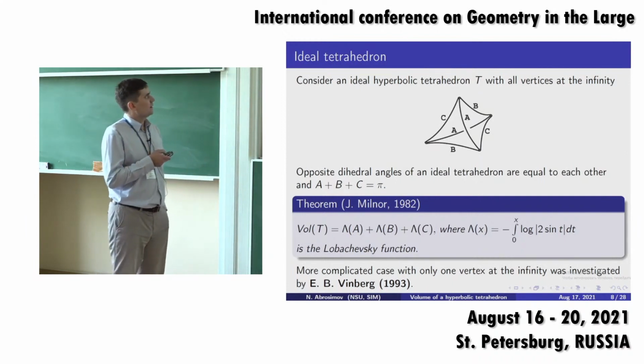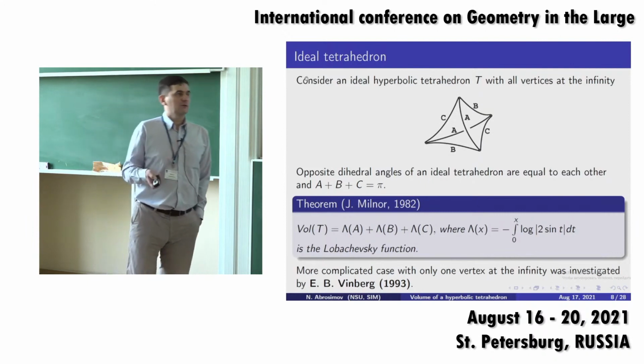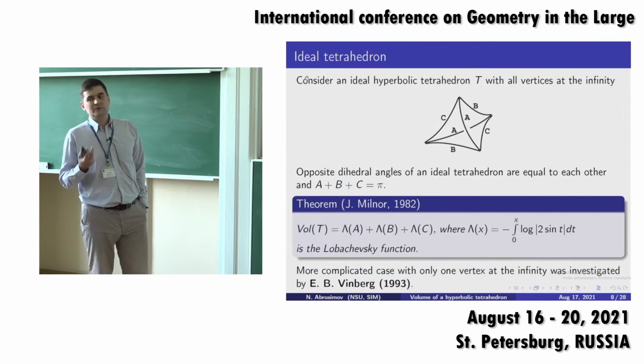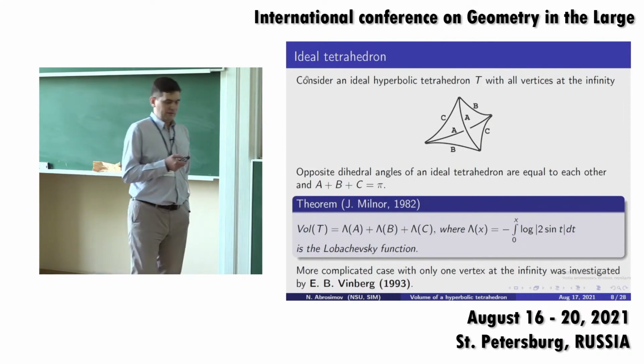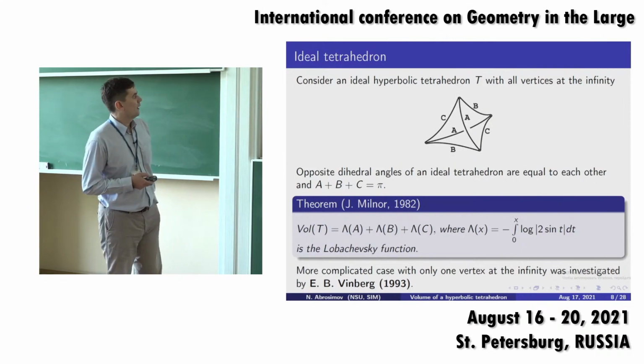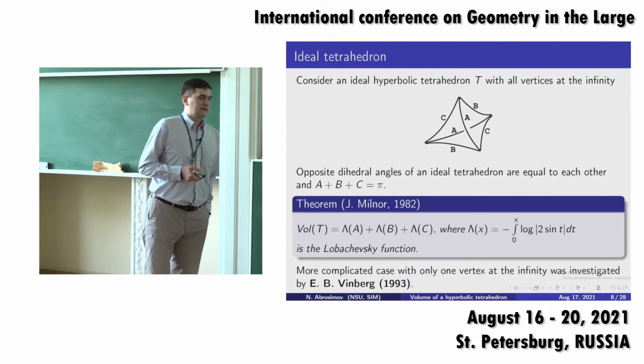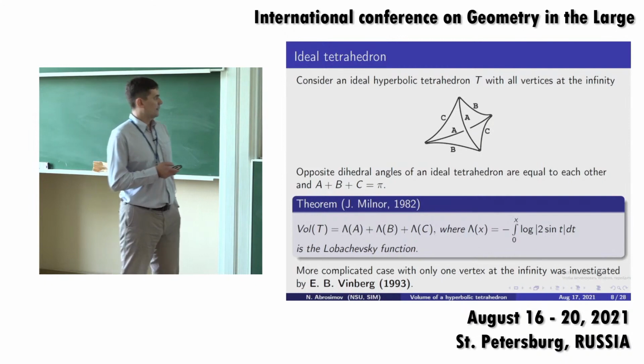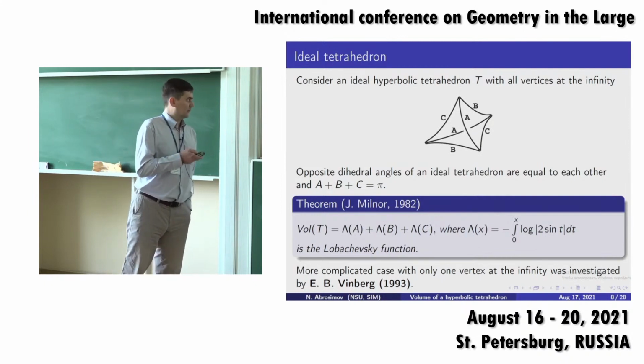We can say that the family of all ideal tetrahedra can be parameterized by 2 independent parameters, for example, angles A and B. A more complicated case with only one vertex at infinity was investigated by Ernest Borisovich Vinberg.